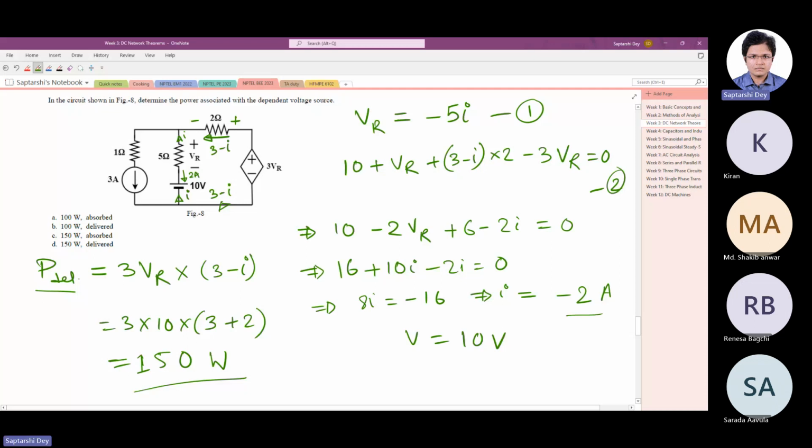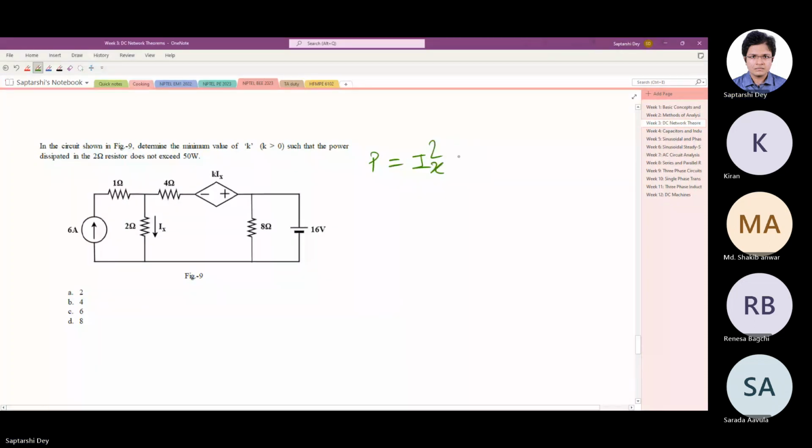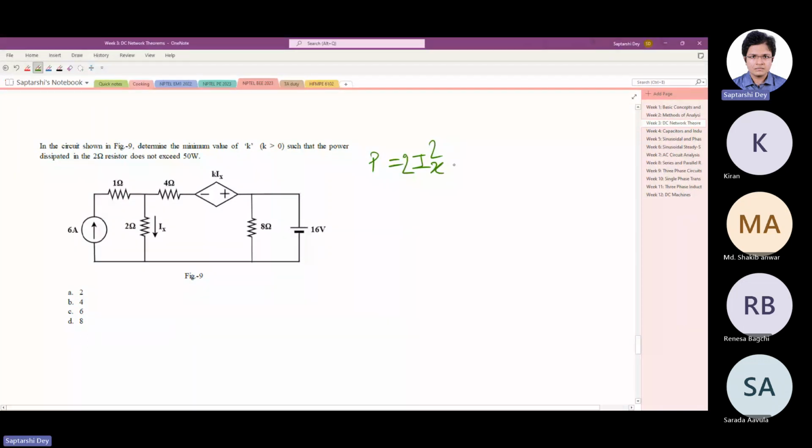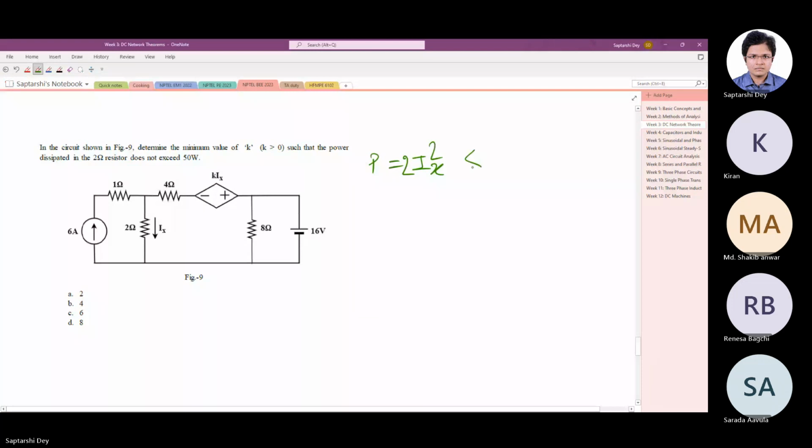In the circuit shown in figure 9, determine the minimum value of K such that power dissipated in the 2 ohm resistor does not exceed 50 watt. Why this 2 ohm resistor, this one? So looks like we have to find out the power dissipated here, which is Ix squared times 2. Ix squared times 2 should be less or equals 50.